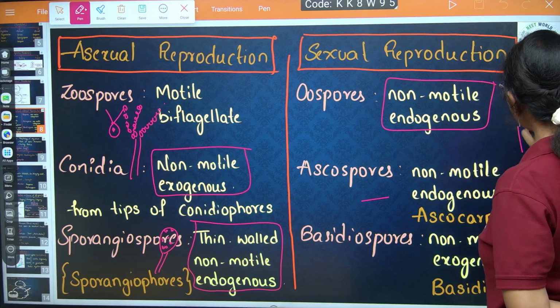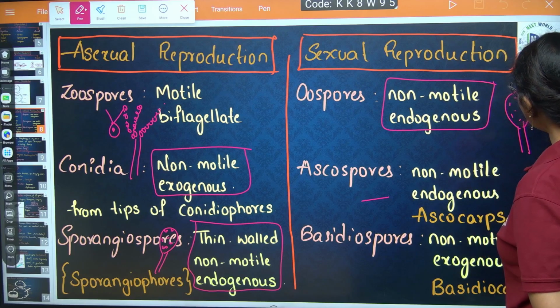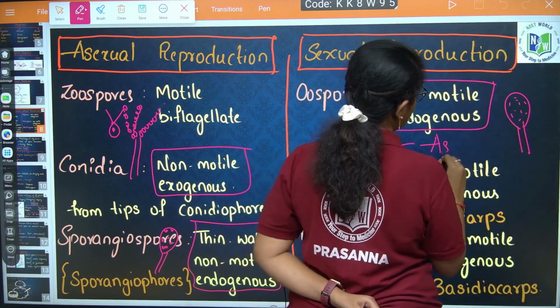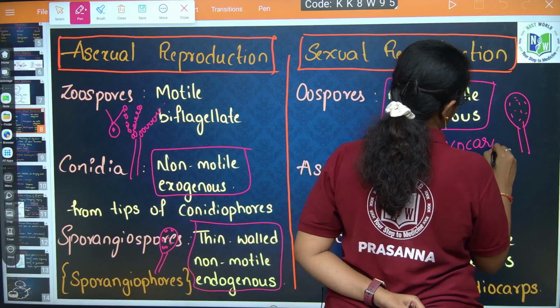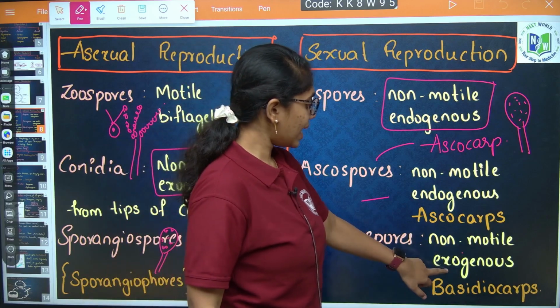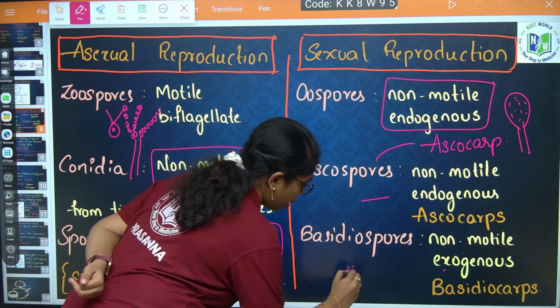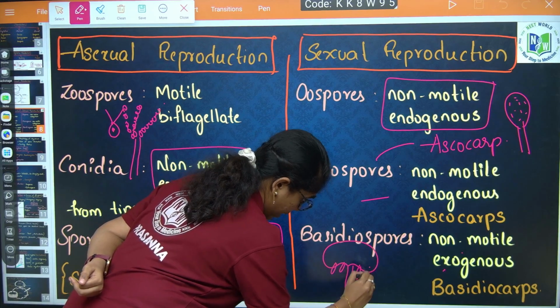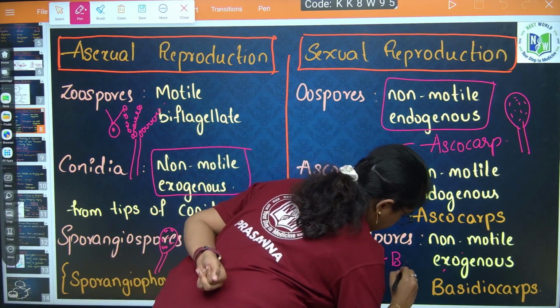They are formed in a sac-like structure, that is the ascocarp. Inside what are they formed? They are formed inside the ascocarp. Next, basidiospores are non-motile, exogenous, formed outside the basidiocarp like this. Where are they formed? Outside the basidiocarp.